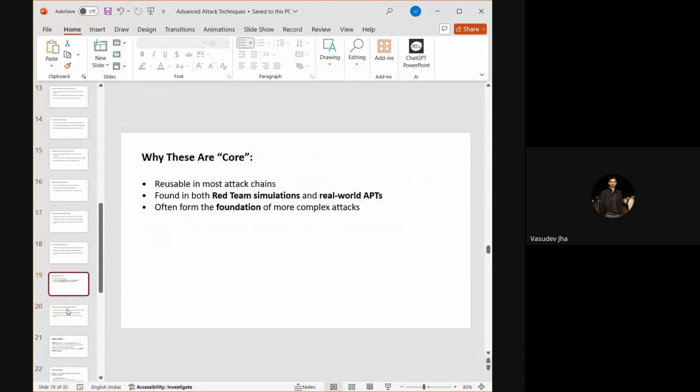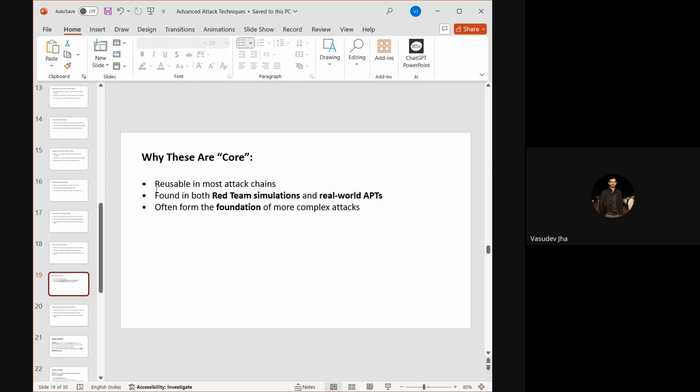Okay, guys. So before this slide, let's see this. Why are these called core? Because these things can be reused in most attack chains and are found in both red team simulation and real-world APT, and often form the foundation of more complex attacks.